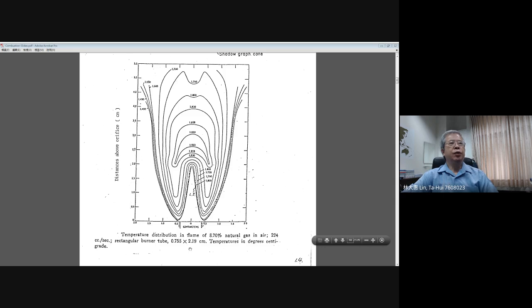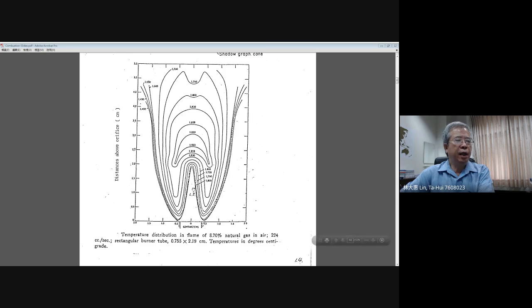They do the measurement of the temperature, and this is a typical temperature distribution for the flow structure, basically for a given 8.7% natural gas premixed flame.